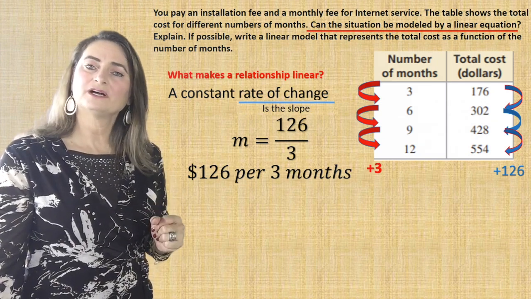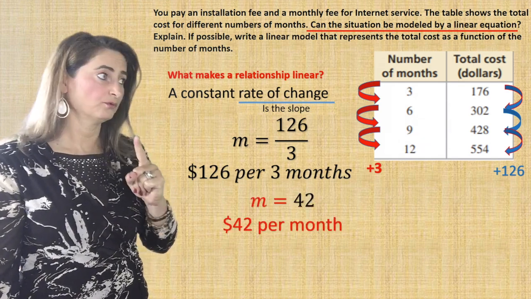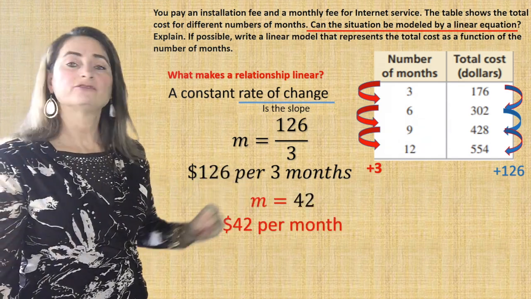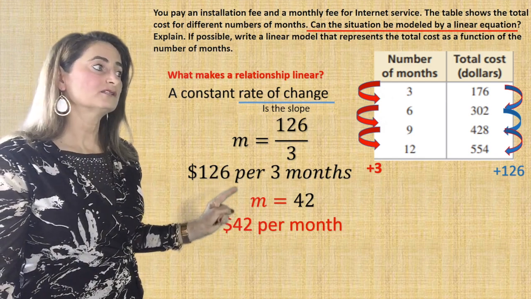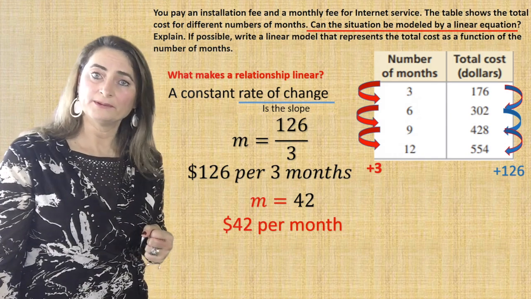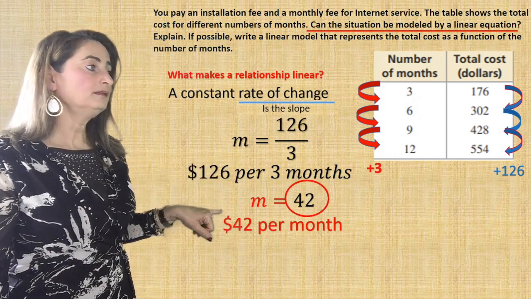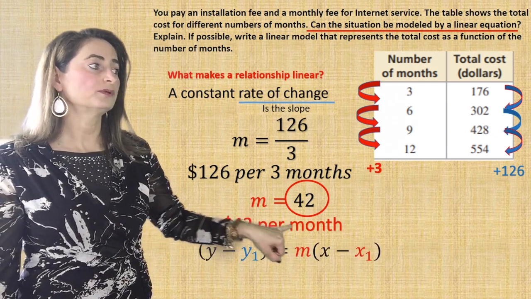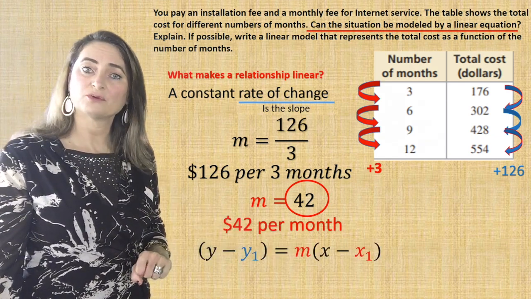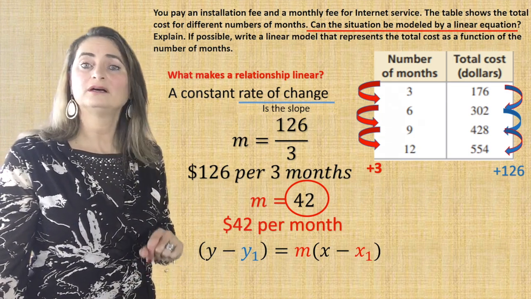If I simplify that and get it per 1 month, which means a unit rate per 1, that gives you the slope of 42, which means it costs $42 per month. That's a unit rate. So now I found the slope. I need a point. You write the point slope equation form, y minus y1 equal m times x minus x1. So now I need a point on the line.